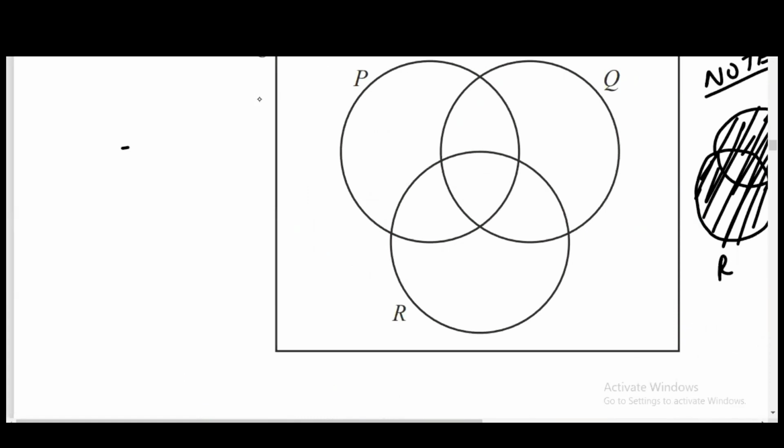Note down, please. This is the region of P intersection Q intersection R, and this is beyond the Q and R, so Q and R complement.